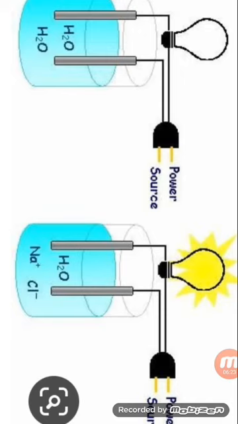Now observe, does the bulb glow this time? You will note that the bulb lights up. This activity clearly proves that addition of salt makes distilled water a good conductor of electricity. We can repeat the activity by adding a few drops of sulfuric acid, that is H2SO4, to the distilled water, and repeat again by adding a few crystals of NaOH, that is sodium hydroxide.